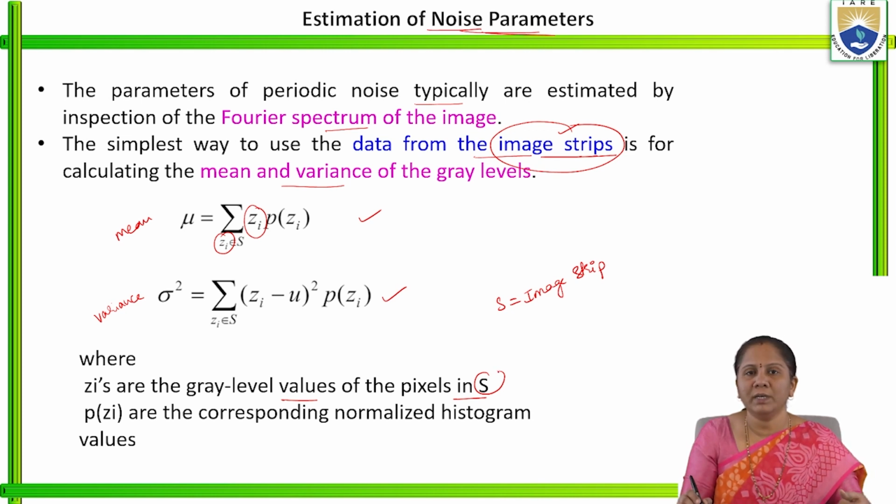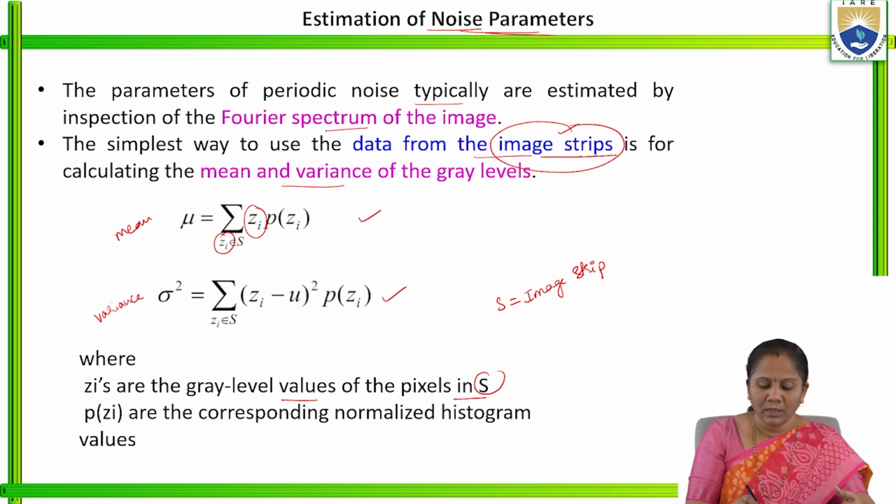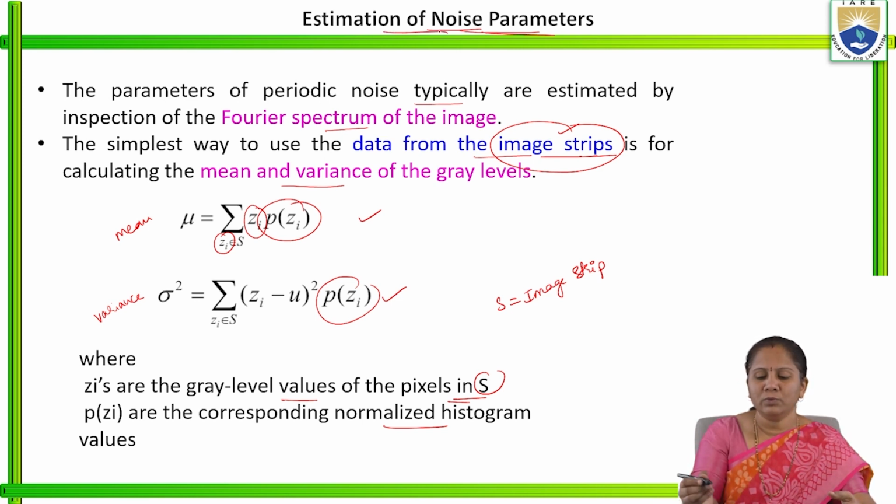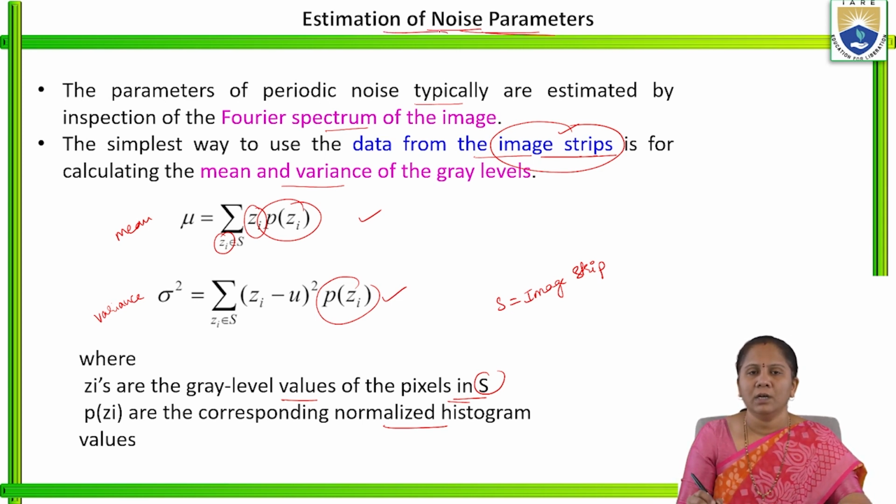Zi are the gray level values of the pixels in S. And here we can observe P of Zi, which is the corresponding normalized value present in the histogram. So this is how we have to estimate the noise present in the images.